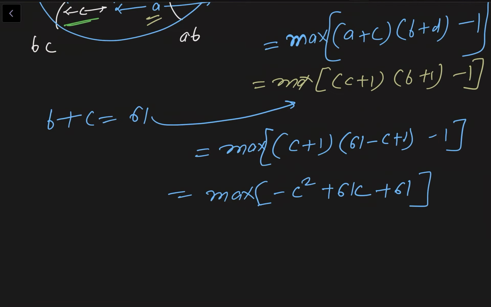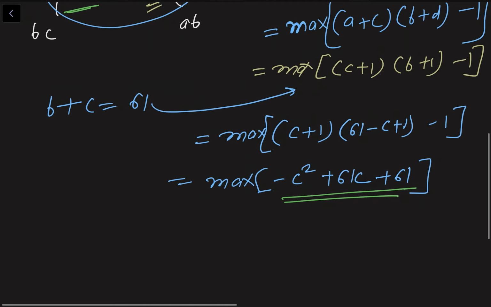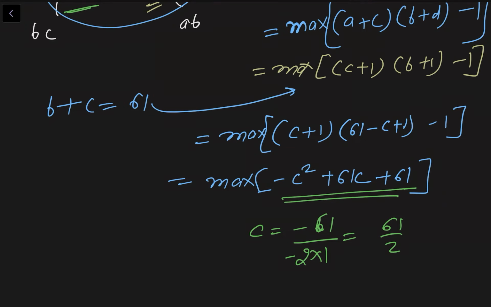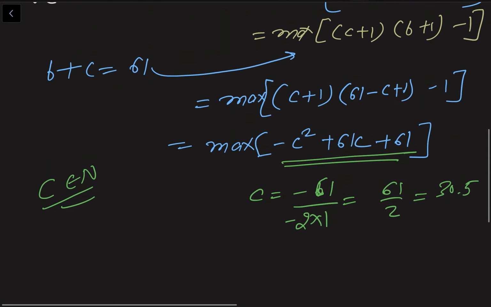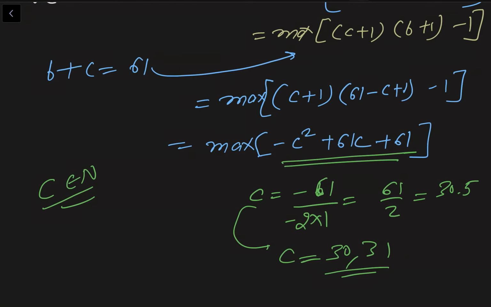This is a quadratic, and we know that this quadratic's maximum value will occur when C is equal to minus b by 2a, that is minus 61 divided by minus 2 into 1. So here I am getting 61 by 2. But we know that C belongs to natural numbers, and this quantity is 30.5. So C can either be 30 or 31. These two possibilities. Now check the value of this expression for these values.